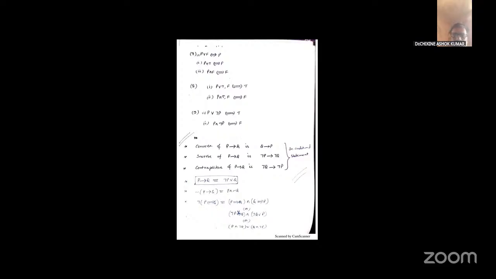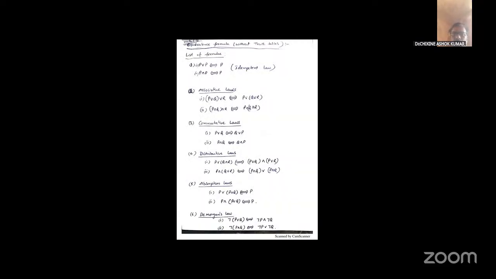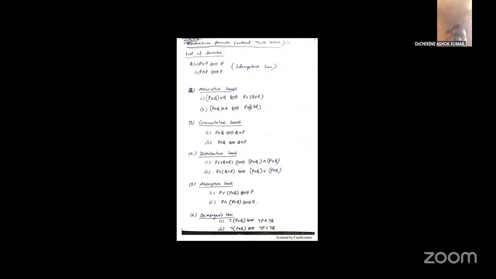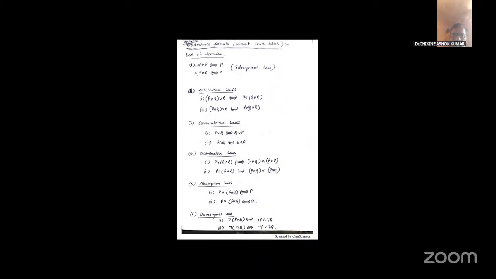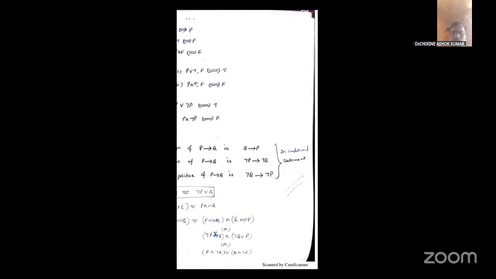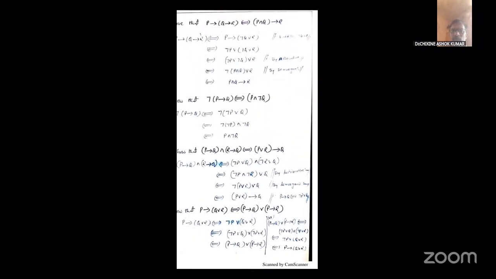Negation of (P implies Q) is negation of (negation P union Q).